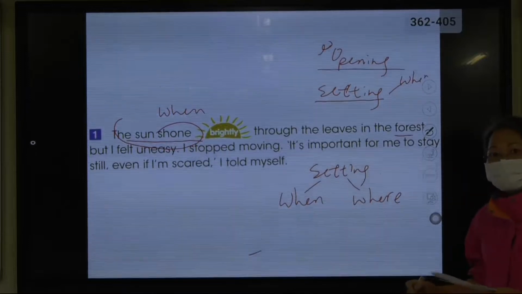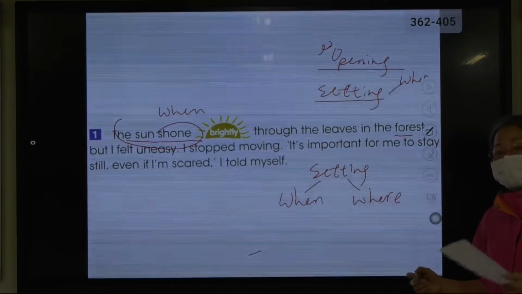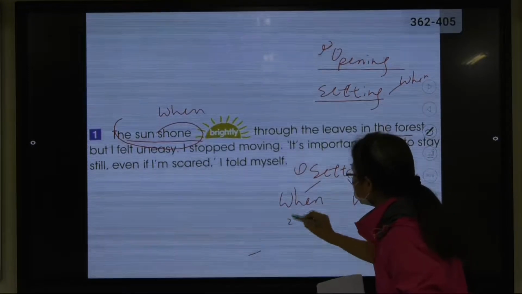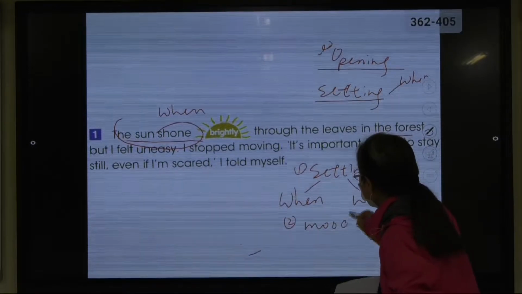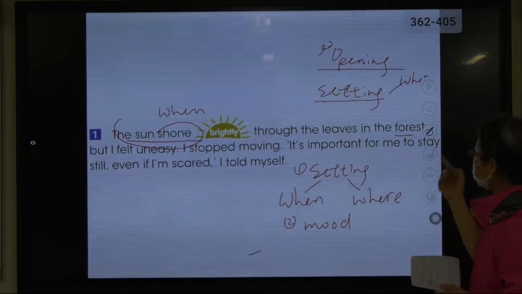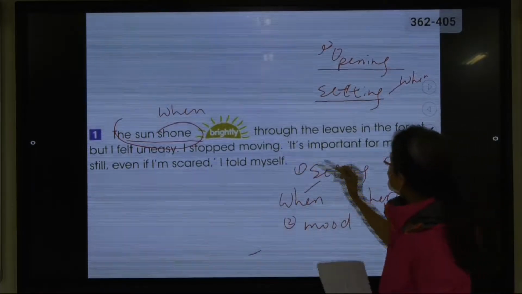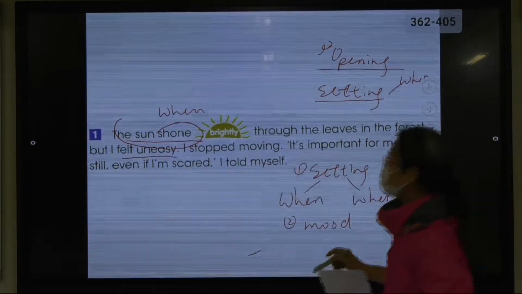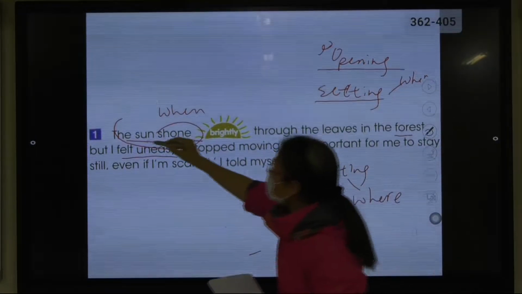Also, in the opening, it tells you about the mood of the story. What is the mood here? How can you tell? Okay, here in the forest, I felt uneasy.